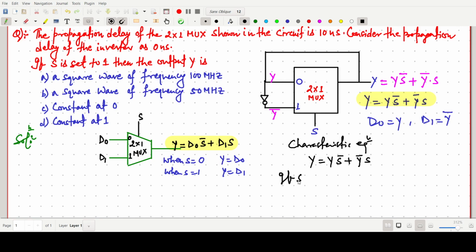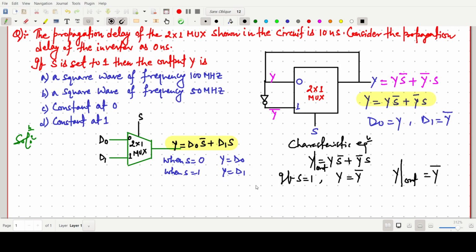So if S equals 1, the first term is 0, and the output Y equals Y bar. In general, the output will be just Y bar.